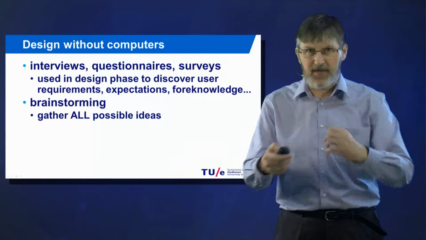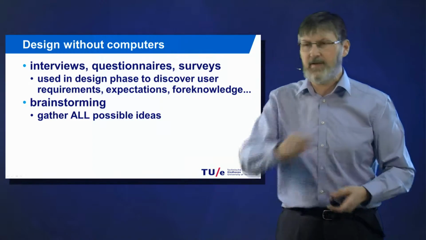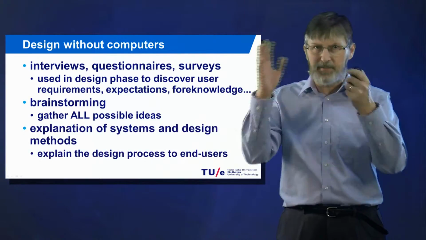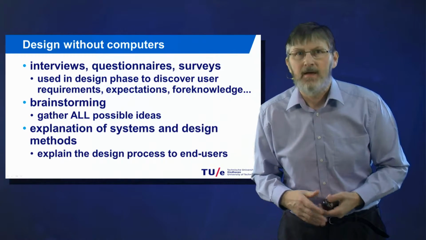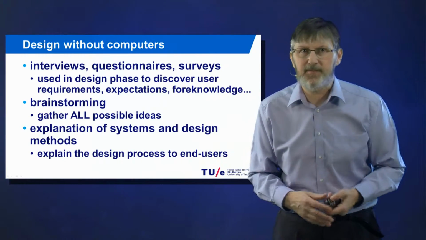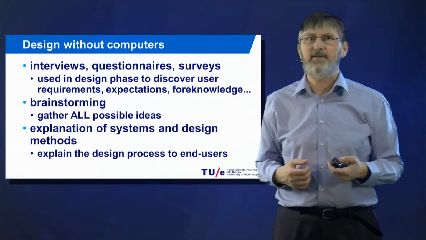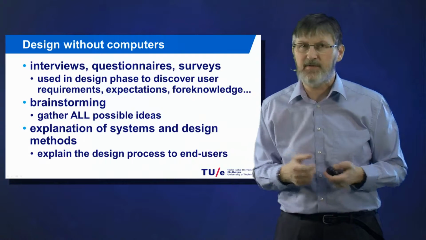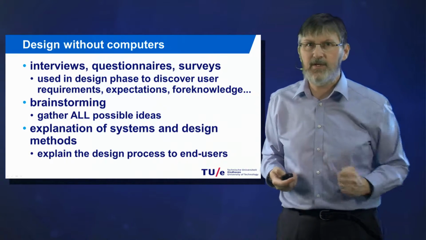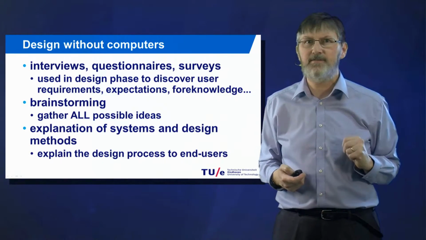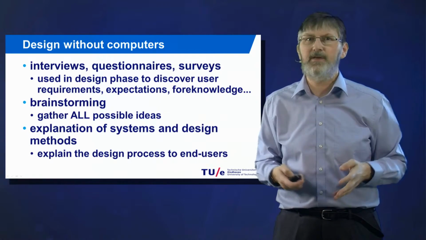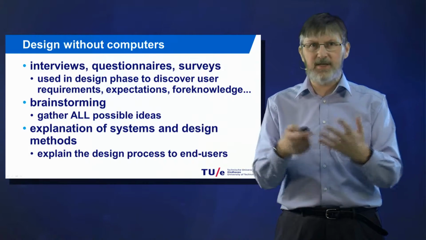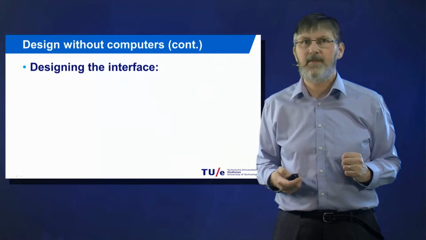And once we've done that, and this typically involves writing things on paper or on a whiteboard, we gather all these ideas, we take pictures of them, and we also need explanations of the methods to tell our end users how the design process works. They may also have really nice, crazy ideas, and they will normally be afraid to mention them. So we need to explain, no, we need to get all the possible ideas.